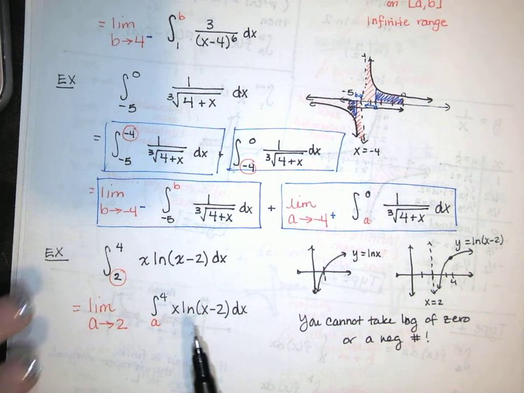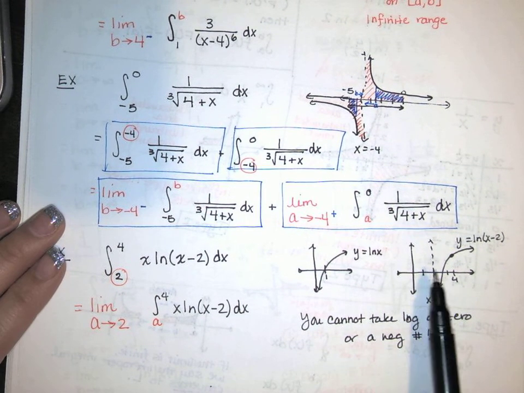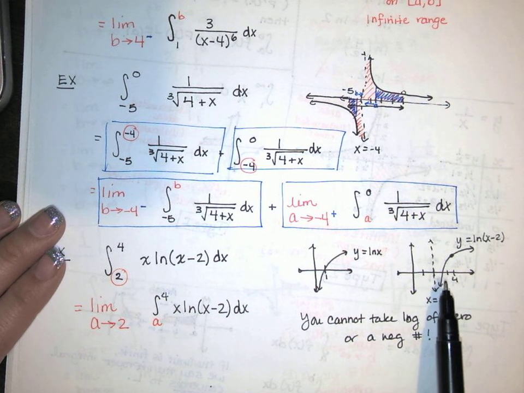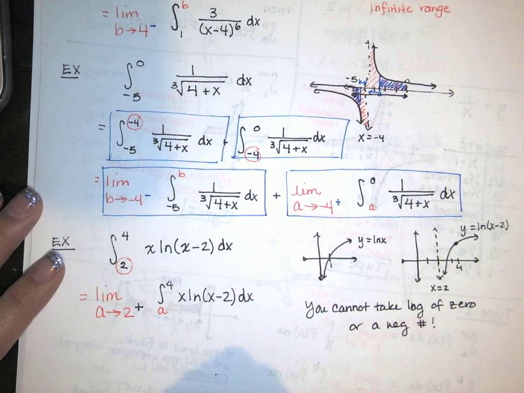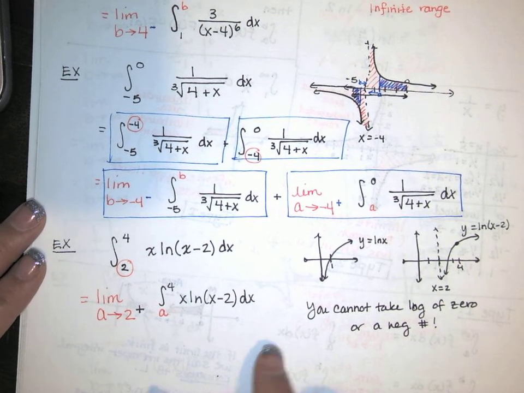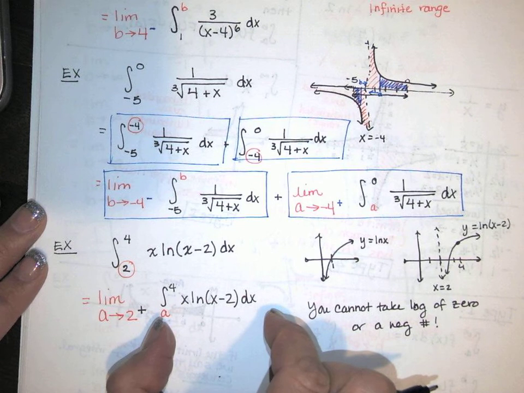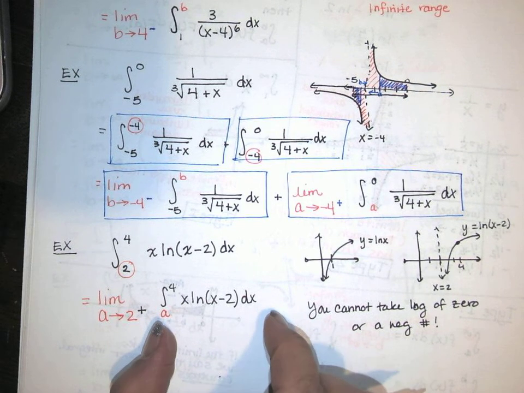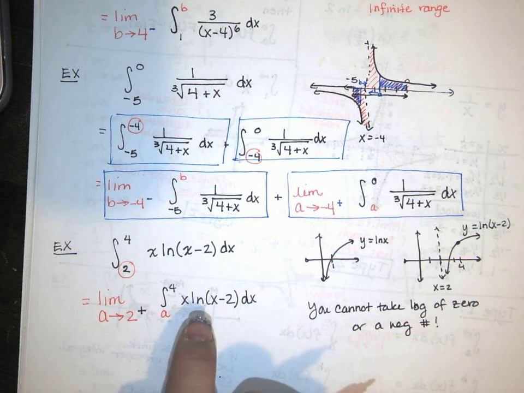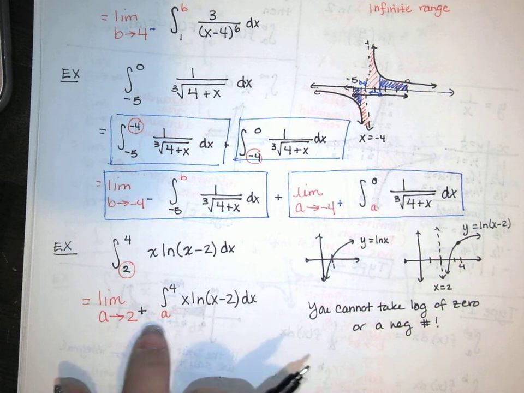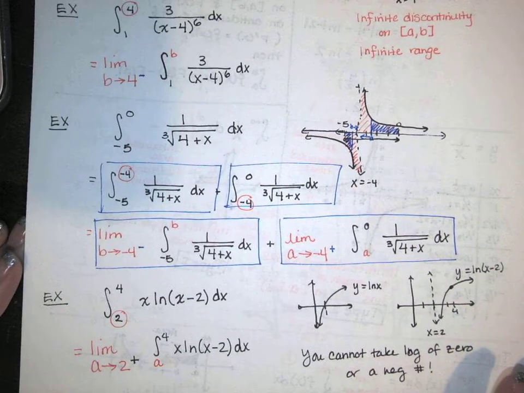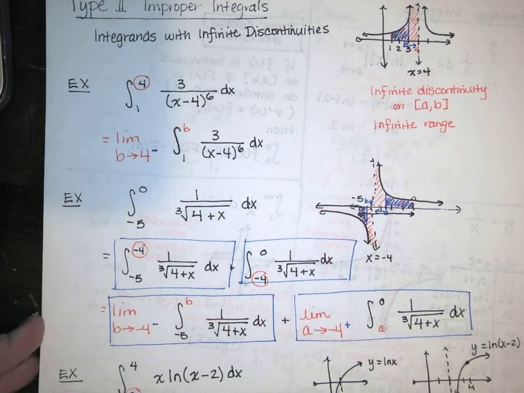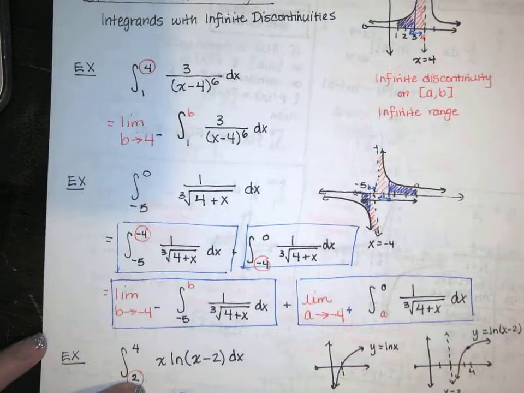But I do know that if I'm on the interval from a to 4, and I'm letting a approach 2, I'm going to be approaching 2 from the right. Okay. So then we evaluate this using whatever method is appropriate. Looks like integration by parts to me. And then after you're done applying the fundamental theorem, then you take the limit. So that is how we write our integrands with infinite discontinuities as limits.